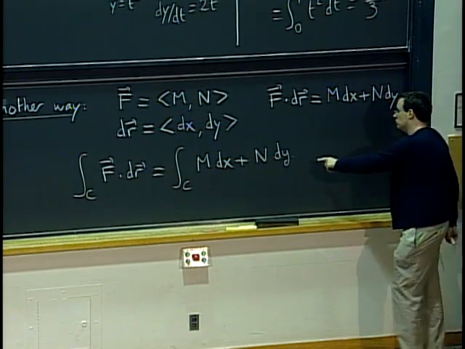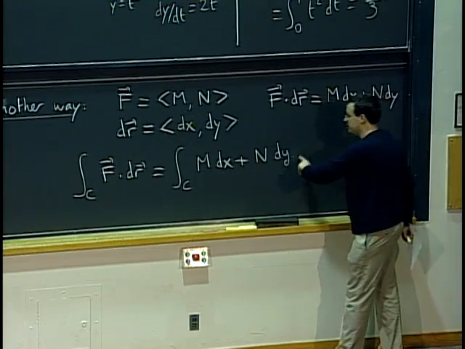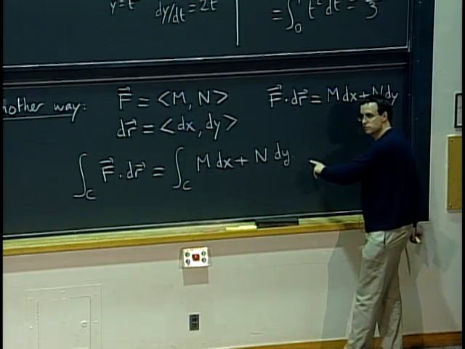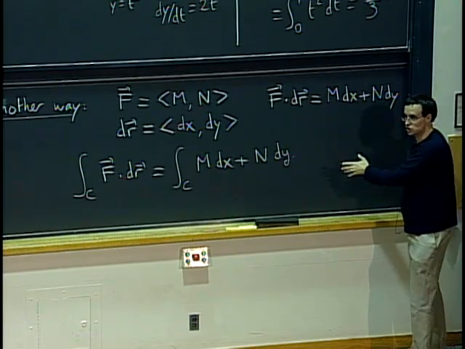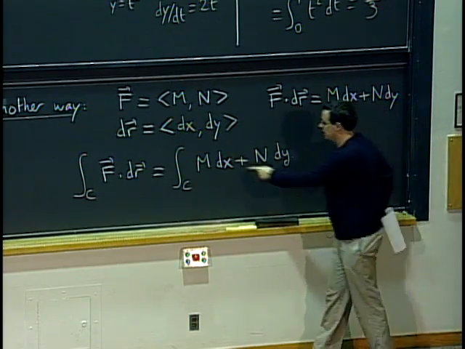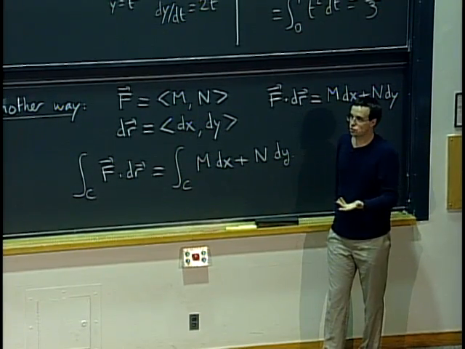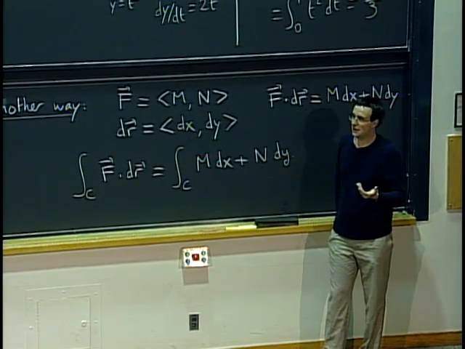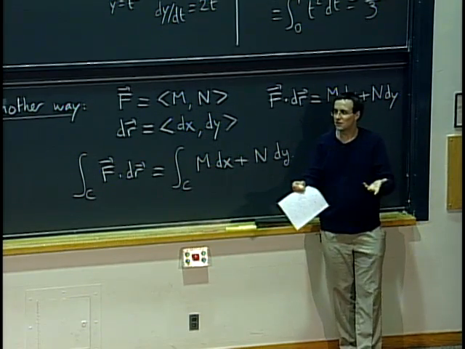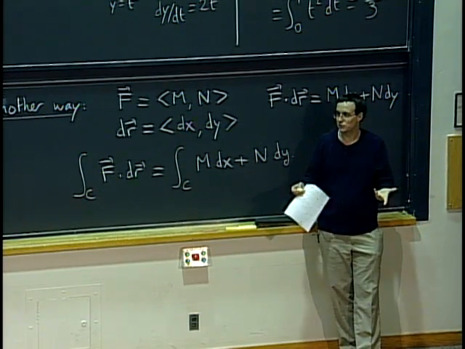Okay, so now there still remains the question, how do we compute this kind of integral? Because it's more subtle than the notation suggests. M and N both depend on x and y, and if you just integrate with respect to x, you'd be left with y's in there, and you don't want that. You want a number at the end.